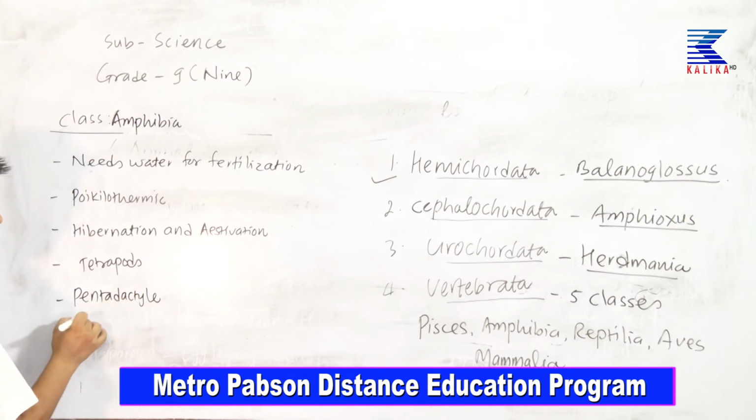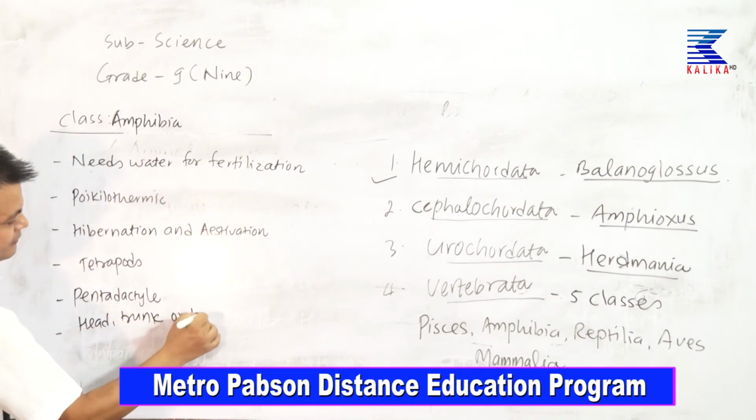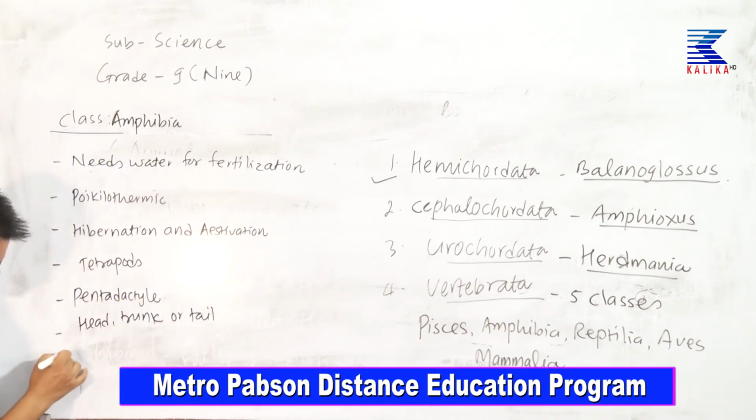Body is divisible into head, trunk, or sometimes tail. The tail is not present in all the cases. But one important thing, the neck is absent.